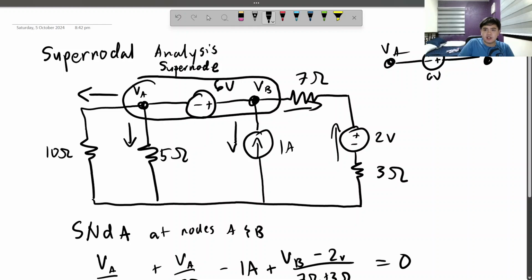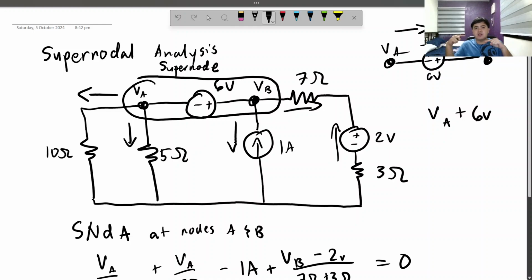We assume that all currents are going that way and that way, opposite of each other. And then there is this 6 volt source here. So we can say VA, and then this is going that way, so it should be plus 6 volts.